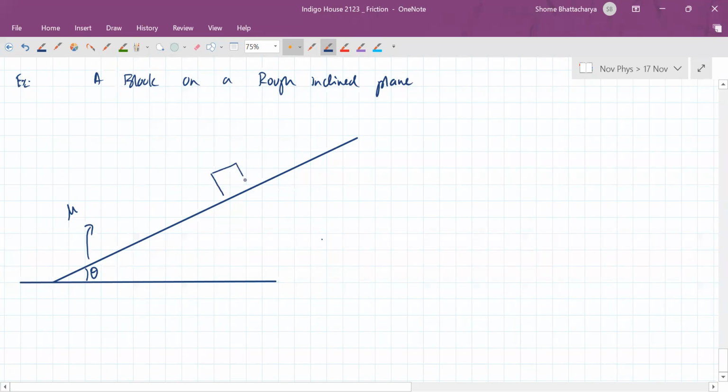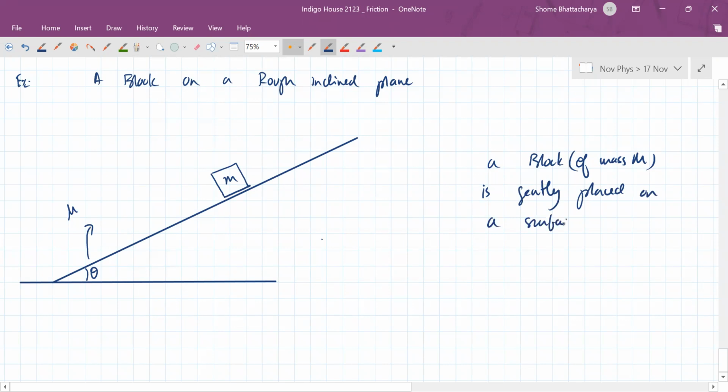That means you're assuming coefficient of kinetic friction is equal to coefficient of static friction. So a block of mass m is gently placed on a surface as shown and released from rest.